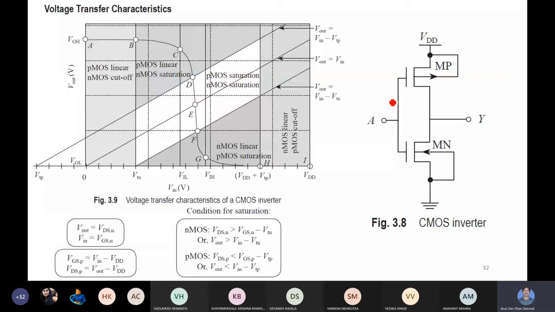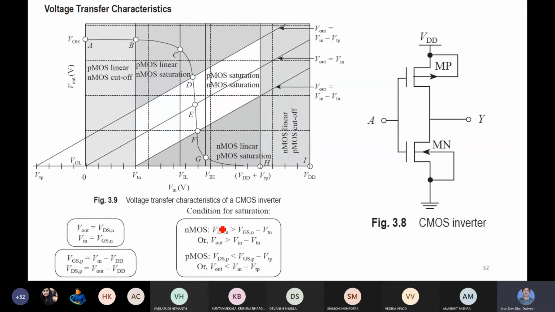VGSP is equal to input voltage minus VDD, because the gate is at V in and its source is at VDD. This is why V in minus VDD. And similarly between drain and source, what is the potential difference? VDSP is defined as V out minus VDD.